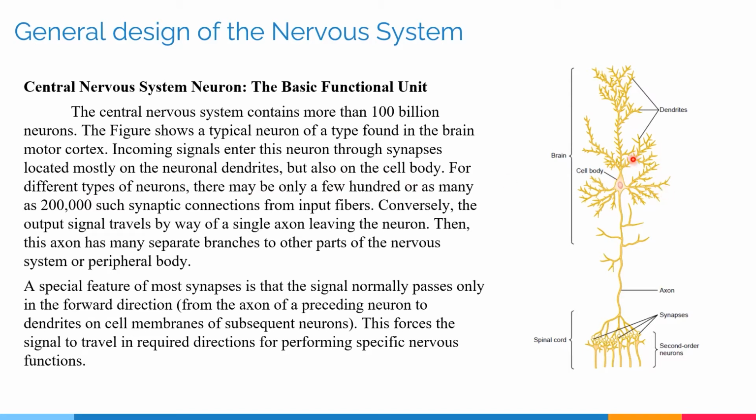So dendrites are the small extensions from the cell body, and the cell body itself is the part of the neuron that houses the nucleus. It does not normally have any extension on itself.